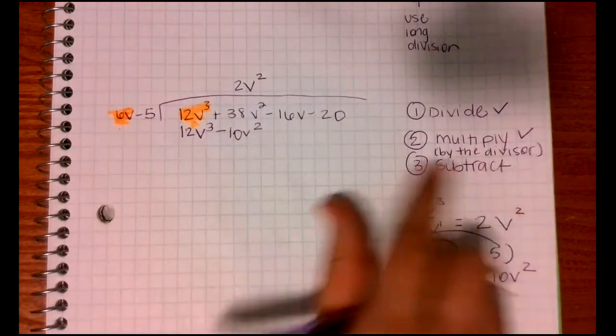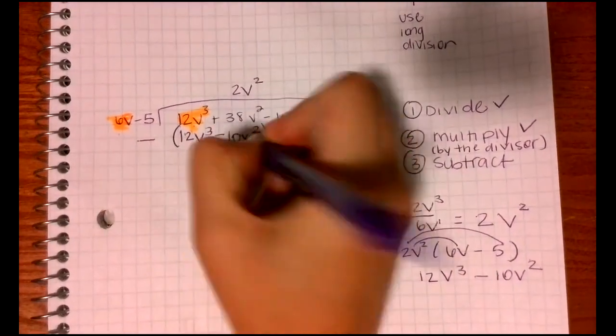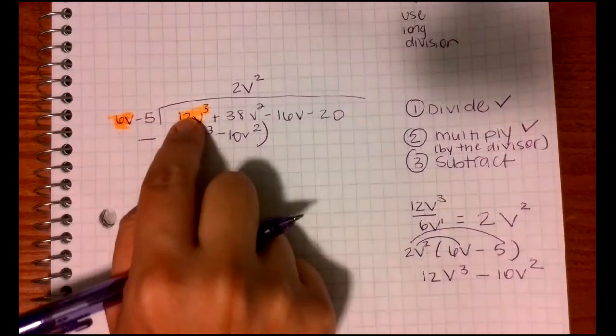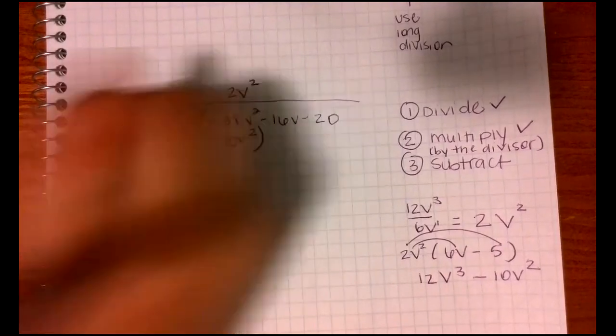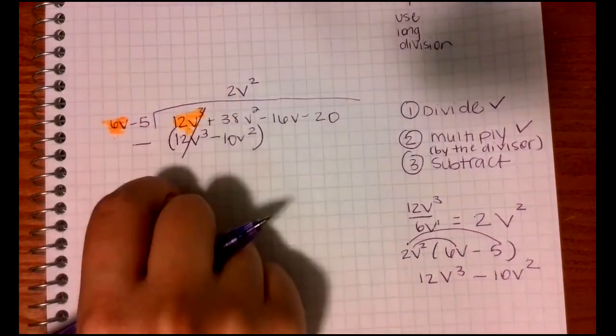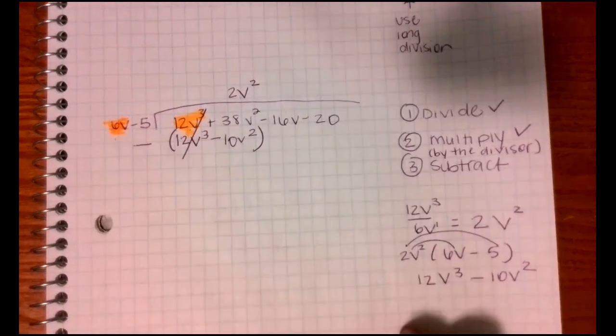The last thing we do is we subtract. When we subtract, you want to remember that you're subtracting this whole thing. So 12v cubed minus 12v cubed makes this go away, which should always happen. That's the point of our division, to make terms go away until there's nothing left.